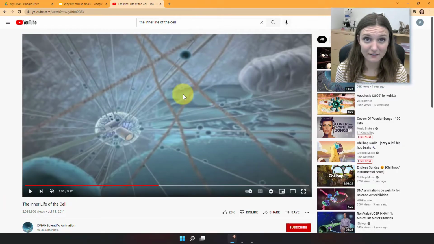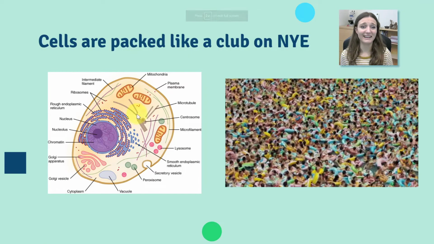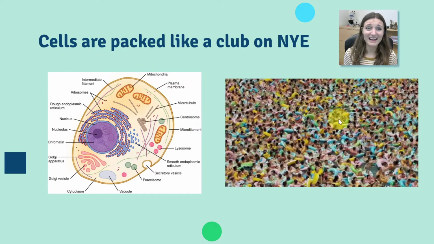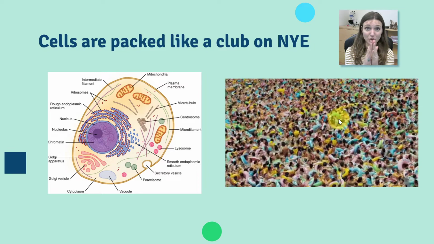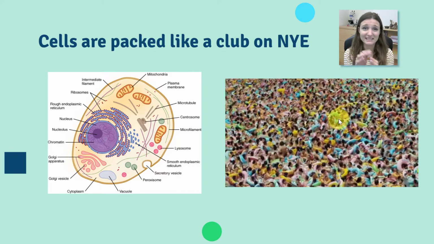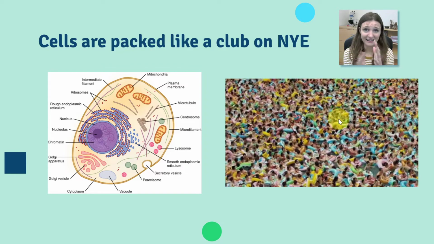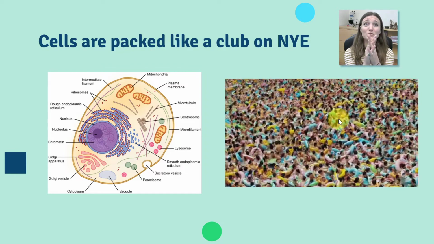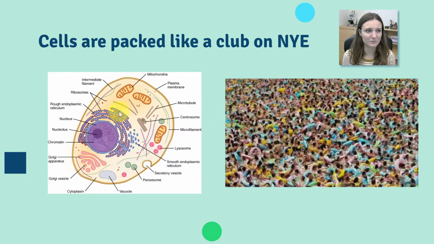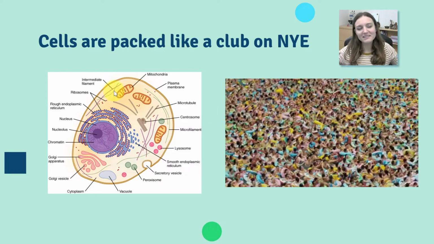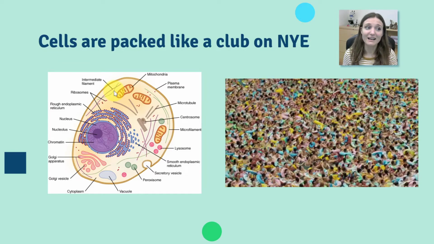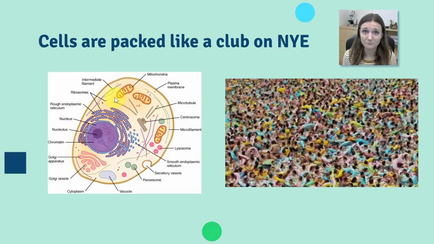Inside of a cell, cells are more like this wave pool that's full of people, okay? They're chock full of molecules: glucose, starch, carbohydrates, proteins, enzymes, RNA. They are super chock full of stuff, right? So even though in diagrams we show them as, oh, all these pieces are nice, they have lots of room, they're just floating around in this empty space, that is not empty space at all, okay?